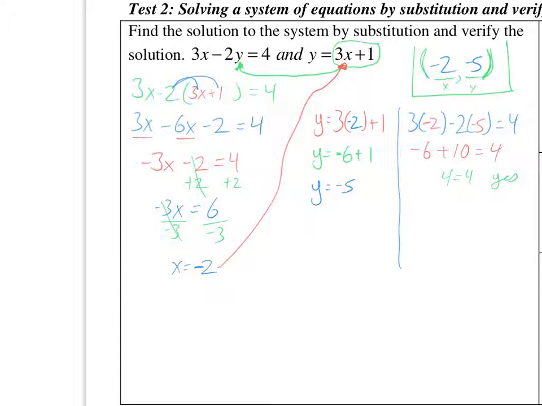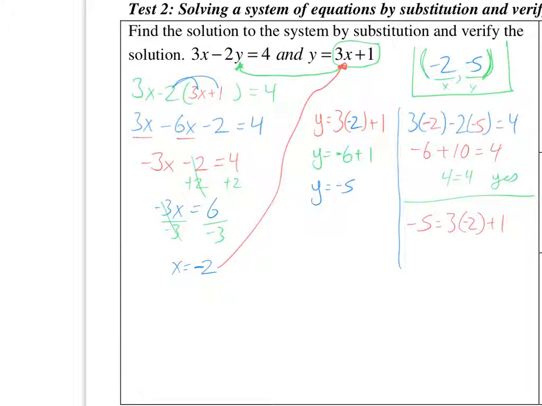So far, so good. We're half right, so it looks good so far. Let's check it again with the other one. The other equation is this one right here. So that one's going to be y, which is negative 5, equals 3 times x, which is negative 2, plus 1.